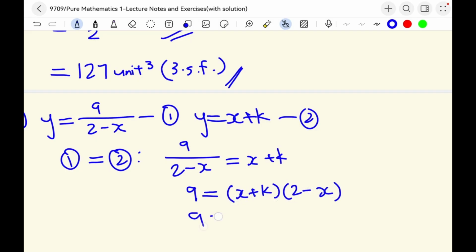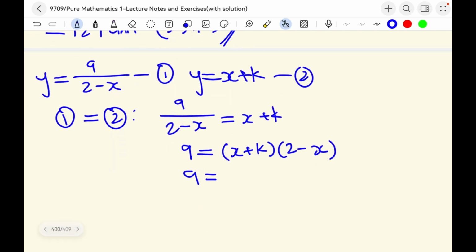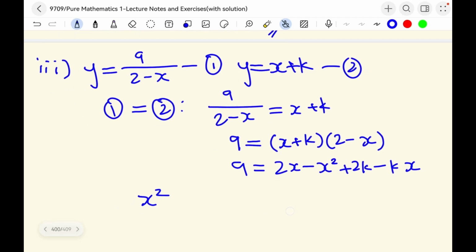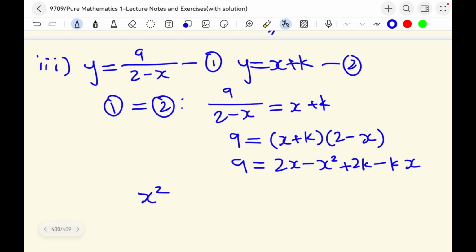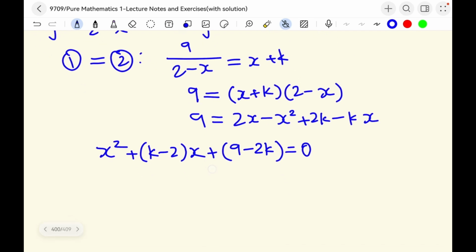Expand and simplify into the general form, and then take the discriminant, which is greater than 0, not equal to 0. Okay, so it's 2x minus x squared plus 2k x. Arrange it into the general form: x squared plus (k minus 2) x plus (9 minus 2k) is equal to 0. So this is your general form over here.